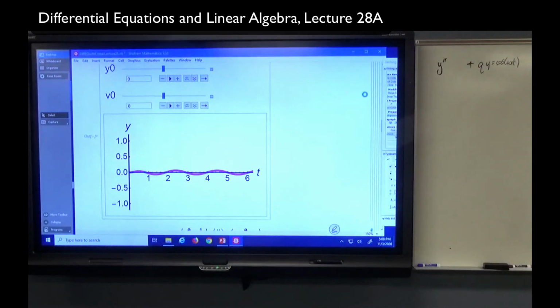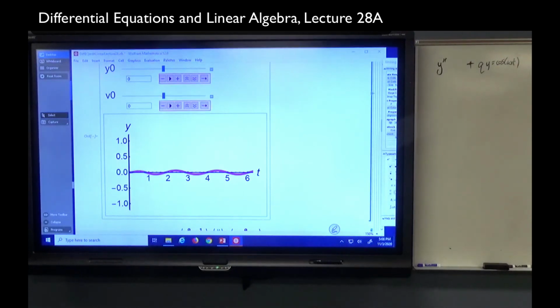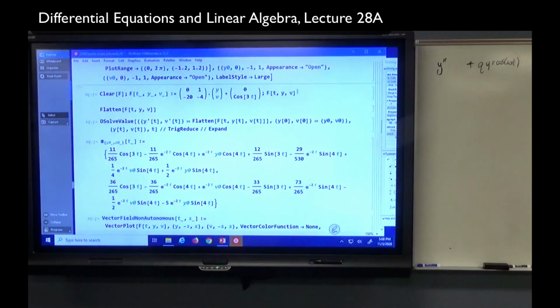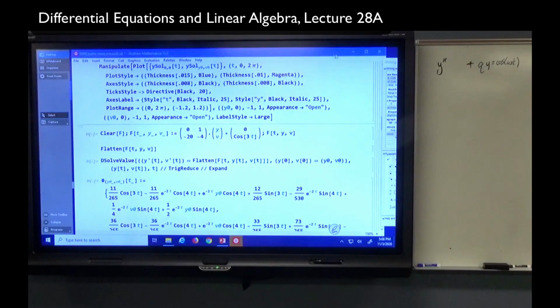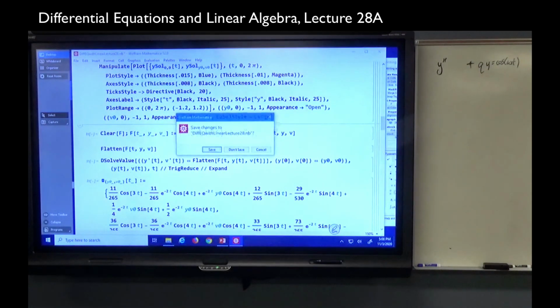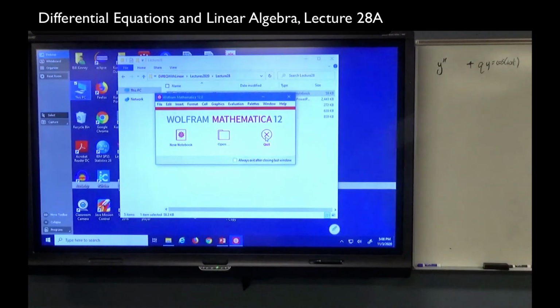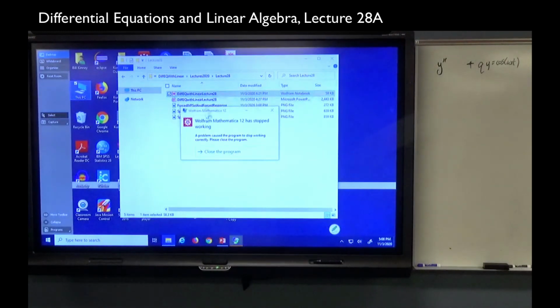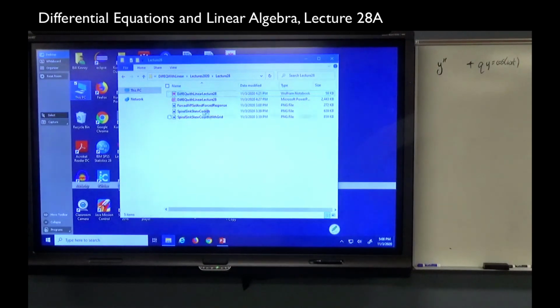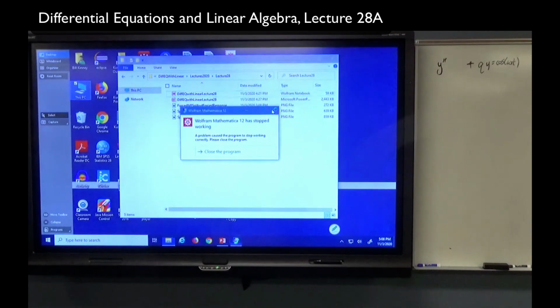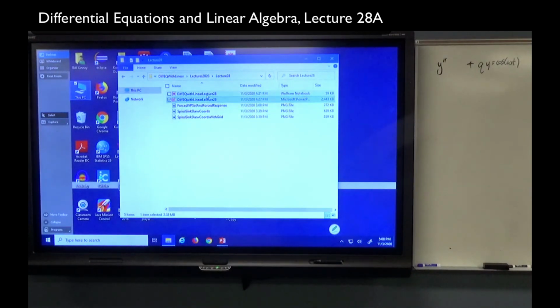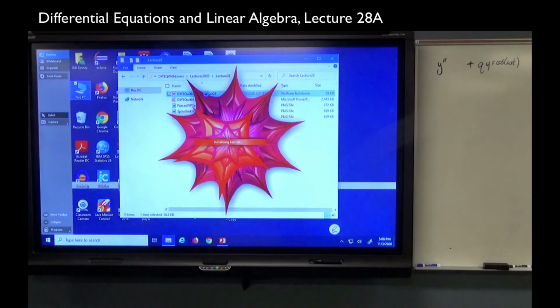Let's try boarding that, maybe redoing it or something. I'm not sure. Let me try closing Mathematica and reopening it. Wow, Mathematica stopped working. That's never happened during one of these lectures.